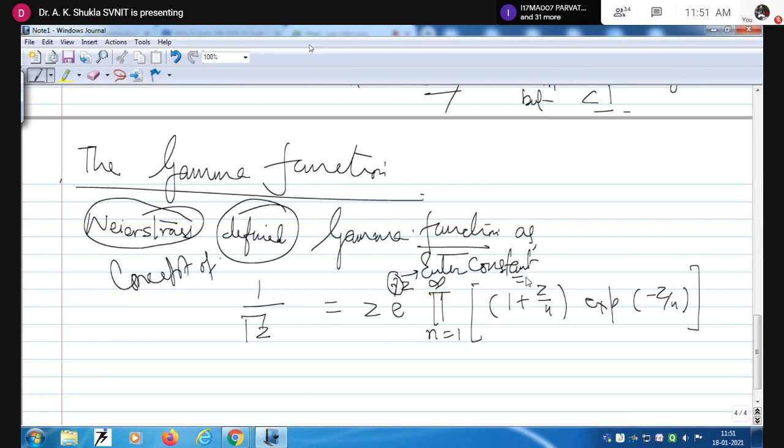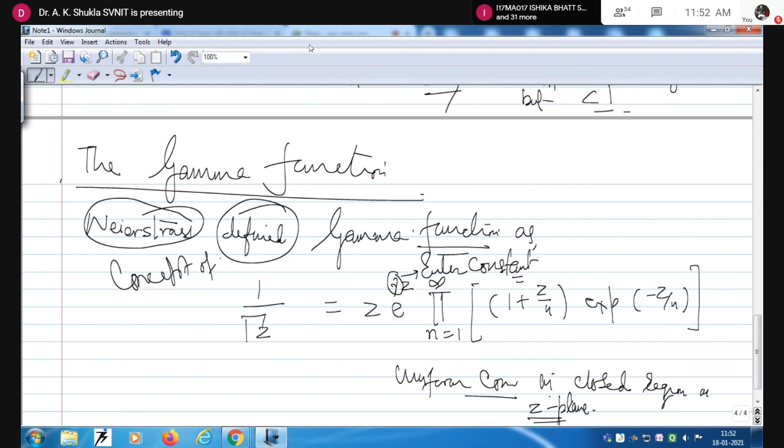And this is most important. This is basically uniformly convergent, uniform convergence in a closed region in the z plane.